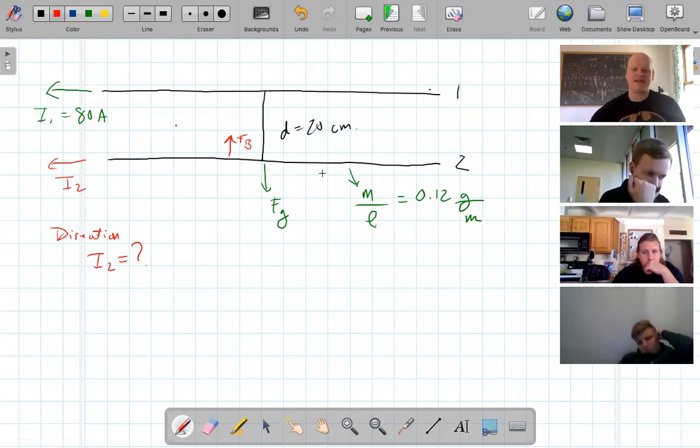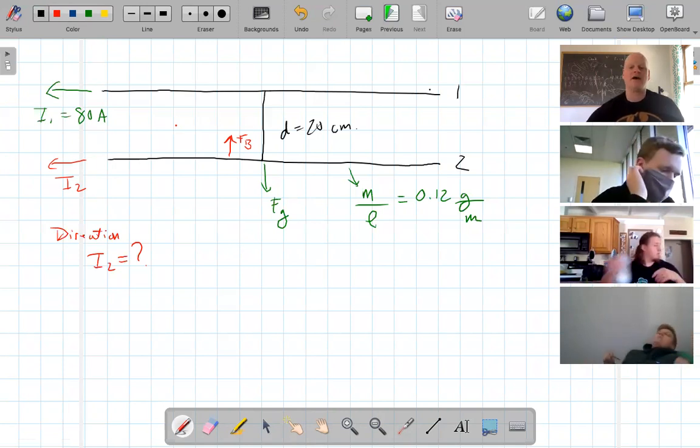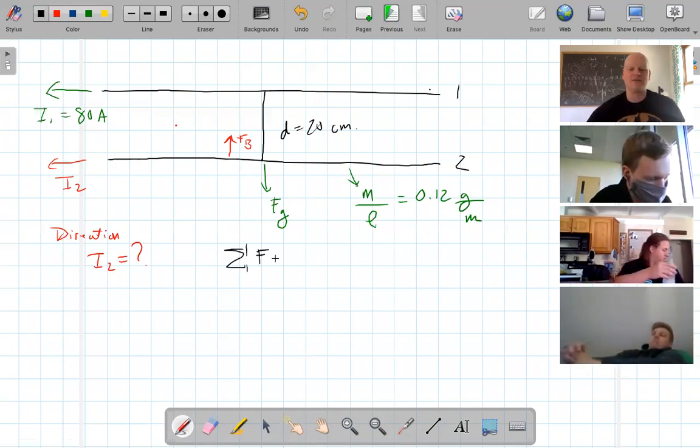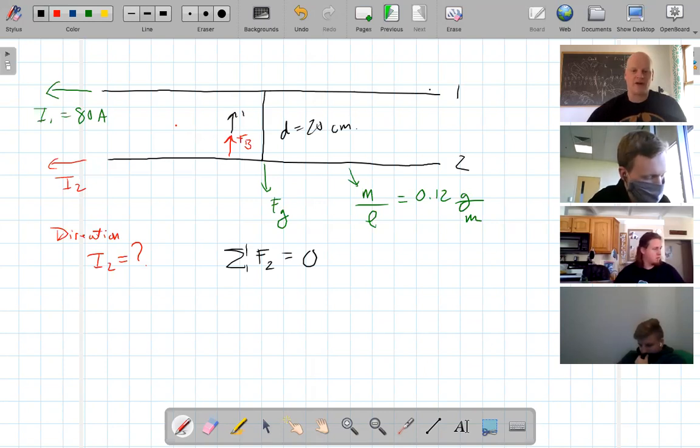So what's happening here is that this is a static equilibrium situation, which means the net force acting on our wire has to be equal to 0. So we know the sum of the forces on wire 2 must be equal to 0. Let's call the vertical direction the y direction. So we have the sum of the forces in the y direction. Here we have the magnetic force minus the gravitational force, which is simply its weight, mg, must be equal to 0.